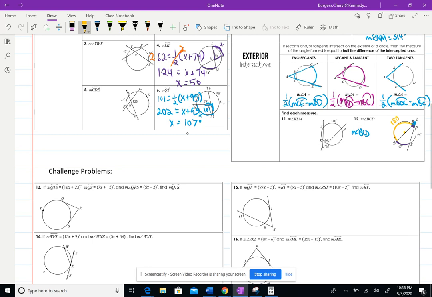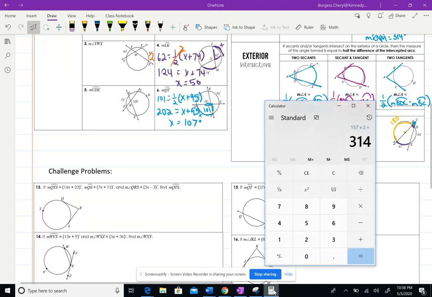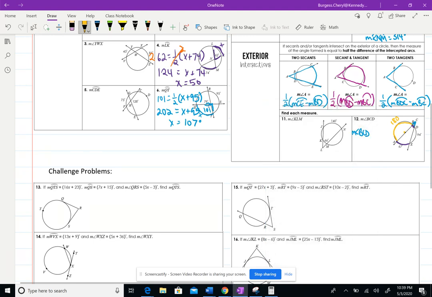Okay, so we can figure out just by adding 94, 67, and 180 and subtracting from 360 to find that little missing piece. So we're going to do 94 plus 67 plus 180 is 341. Okay. Subtracted from 360 is 19. So that little piece that we needed was 19.